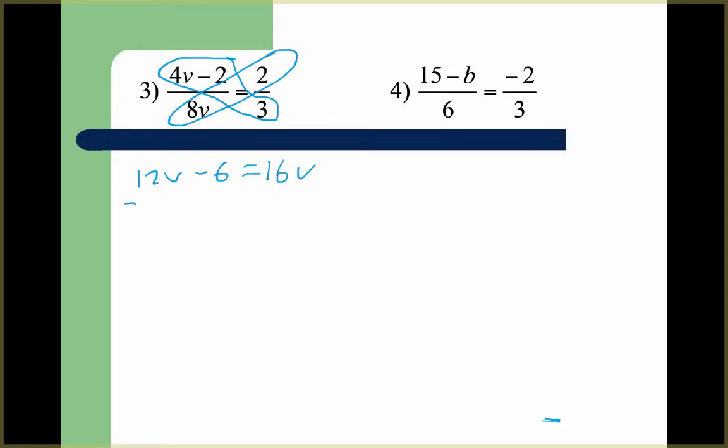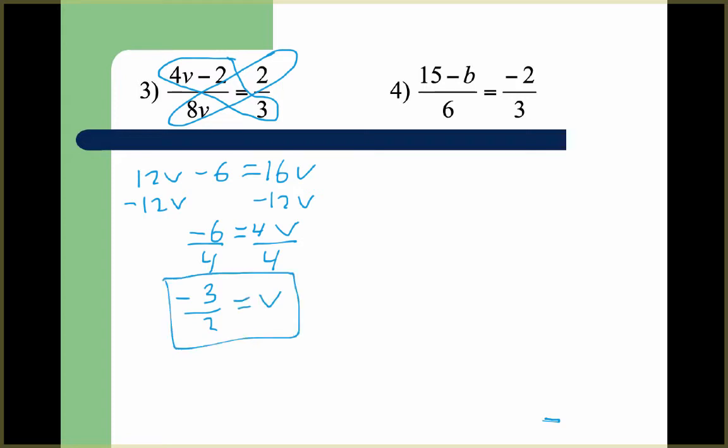To make this easy on myself, I'll move the v's over to the right. And we get negative 6 equals 4v. Divide by 4 to undo multiplication, and we get negative 3 halves equals v. And here we have solved for v.